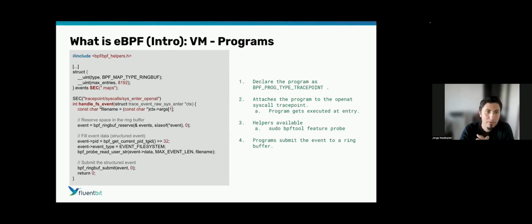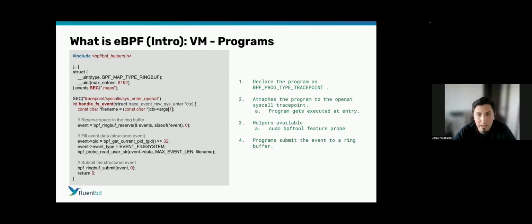Here in the program, you will see that there is a SEC declaration. That's a macro for declaring the program. So in this case, I'm saying this is a trace point that will be attached to the openat system call, and this will get executed at the entry point, right? So whenever this function gets called in the kernel, I will get an event, and my code, this function that I have under it, will get executed, right?